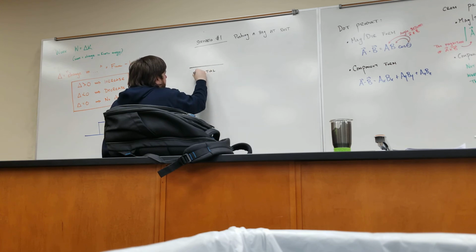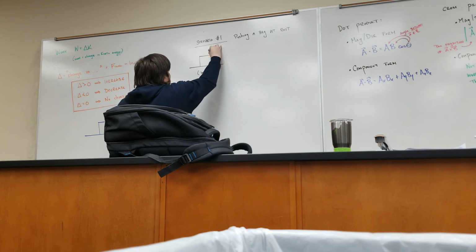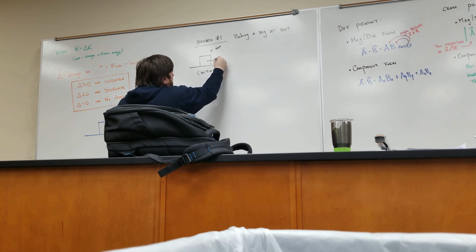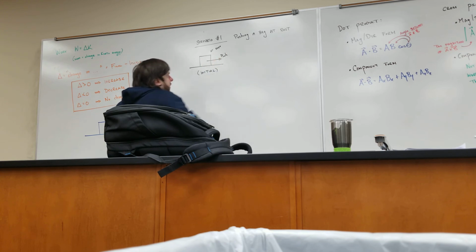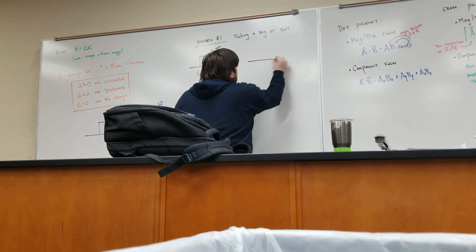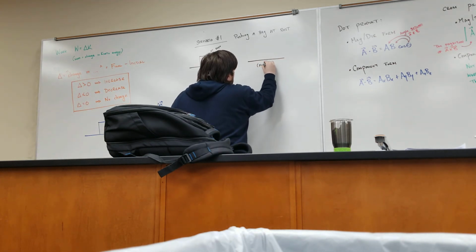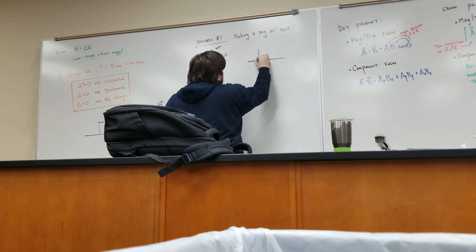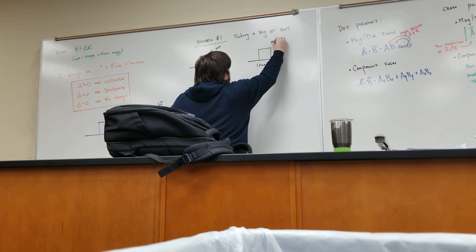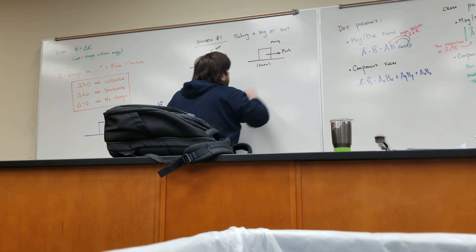So this is the initial state. I have a bag at rest, and I'm going to push it, let's say to the right. Then my final state is my bag moving, still being pushed to the right.